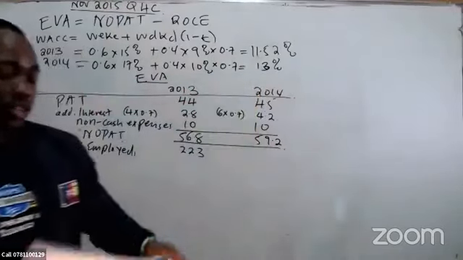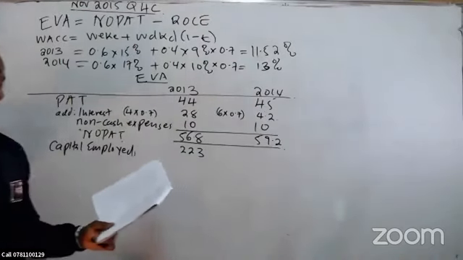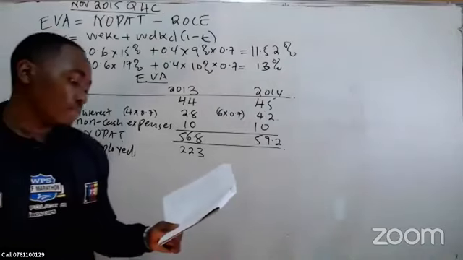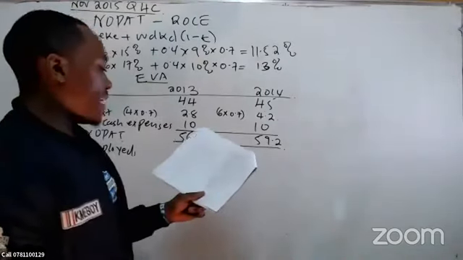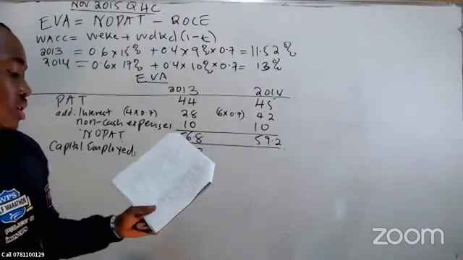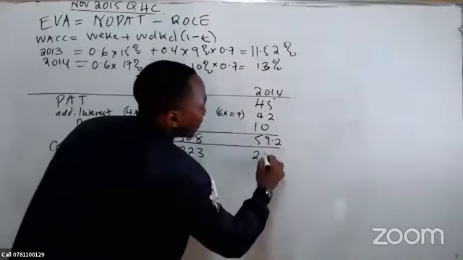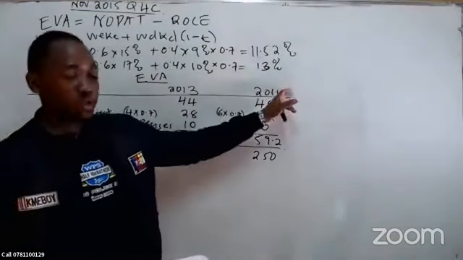How much was it? Let's go back to the statement of financial position. For 2013, can you see 250? That's either the total assets or the finance by, that's the capital. It was 250.